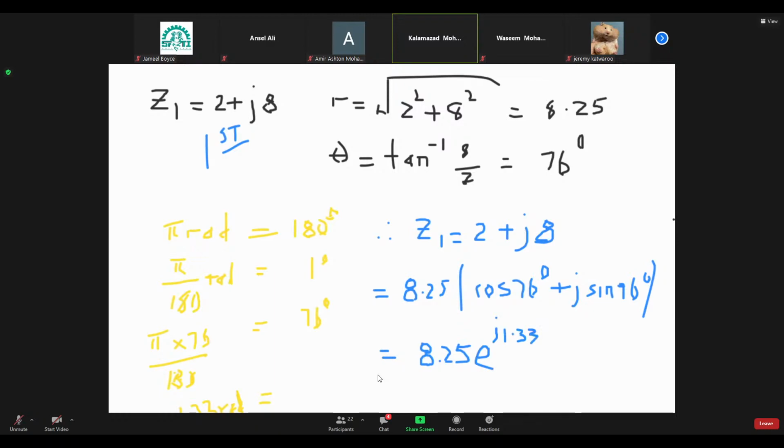Everybody understand that? So this is your polar form. This is your exponent form.